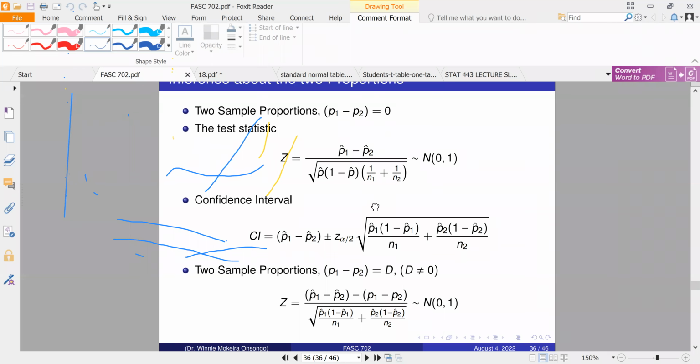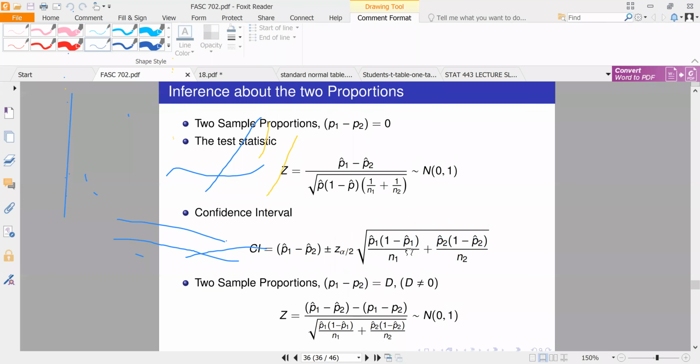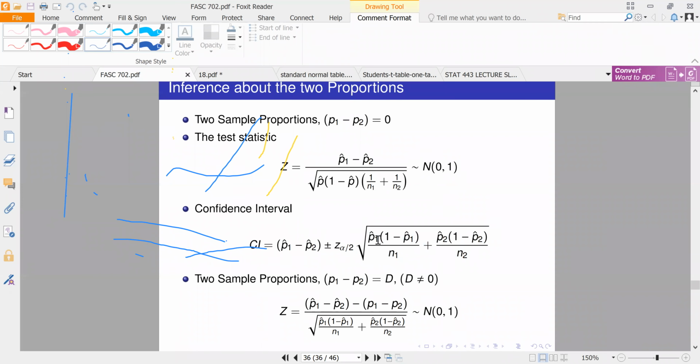That is why you can see that in our standard deviation here, the first quantity in this root sign is the variance of proportion P1, and the second quantity is the variance of proportion P2. Again, because of independence, there are no interactions. That is why we have these results.